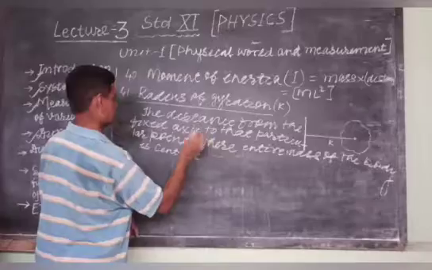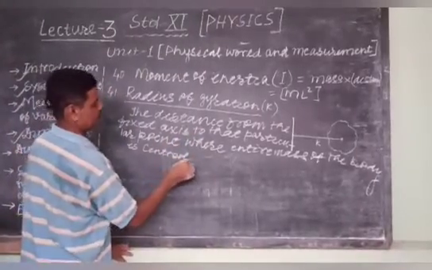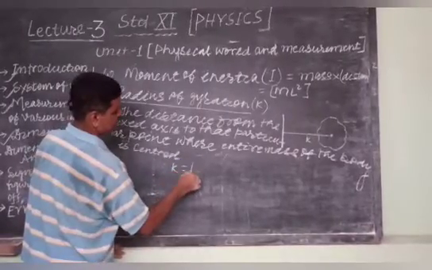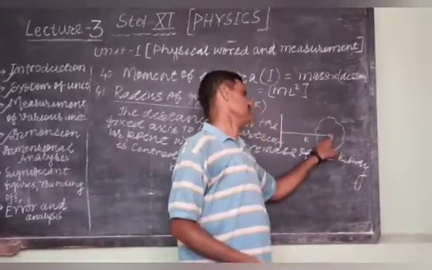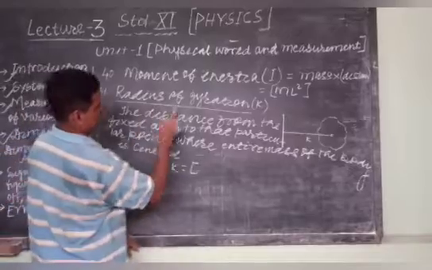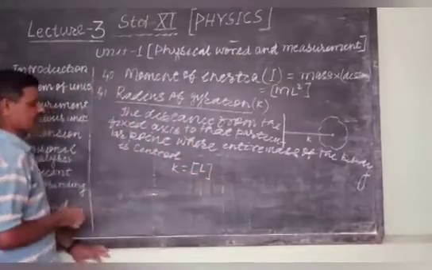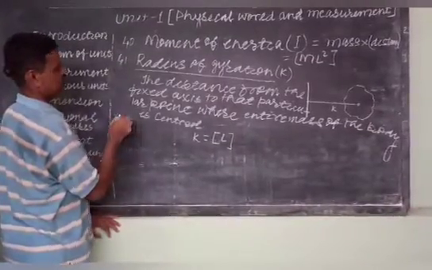Therefore, K is simply the distance from this axis to this CG. This distance is denoted by radius of gyration, and its dimension will be at serial number 42.